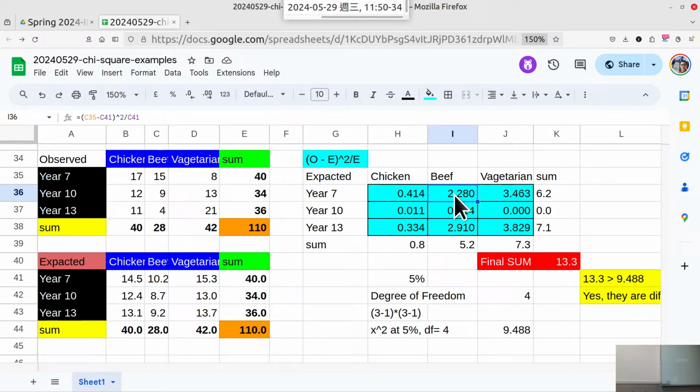That is observation. Minus C41, beef year of 7, this cell 15 minus 10.2, this cell. Then have a pair of parentheses, then take the square value and divided by this value.